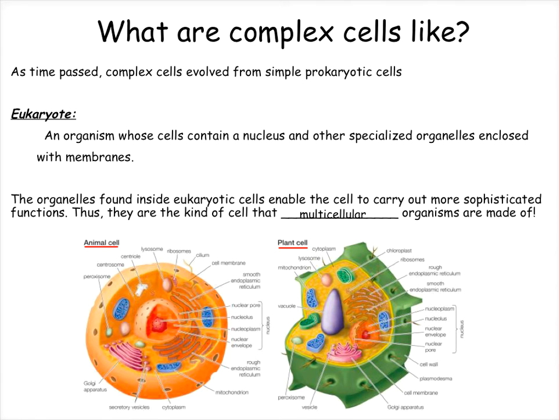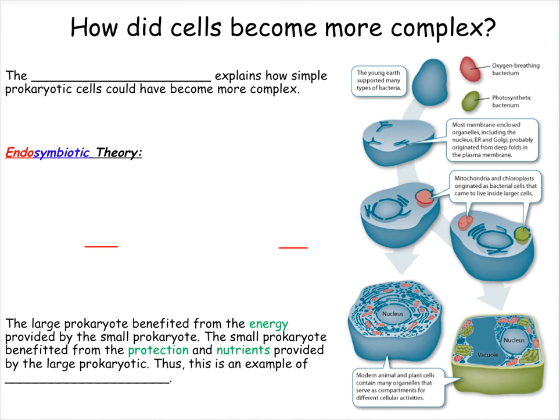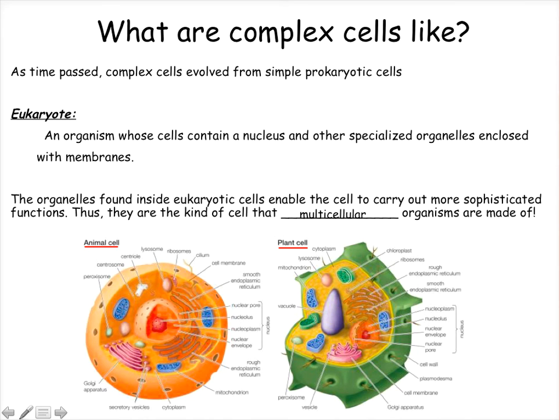Notice the many distinct membrane-bound organelles inside each of these cells. Because the organelles of eukaryotic cells can carry out complex functions, these are the kind of cell that multicellular organisms are made of.